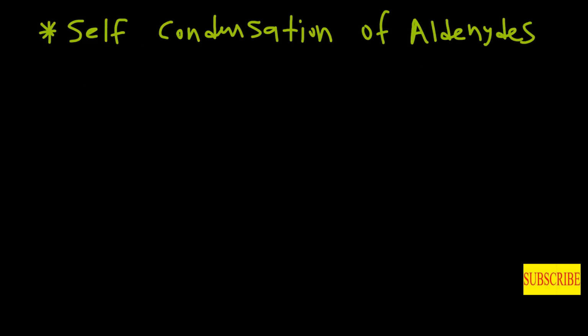Now we are going to talk about self-condensation of aldehydes. First of all, you need to consider this aldehyde. We know this one is known as acetaldehyde. In this mechanism, we are going to react this acetaldehyde with dilute NaOH.